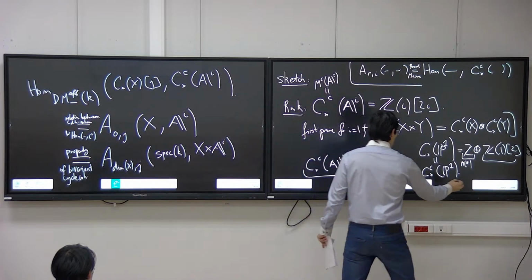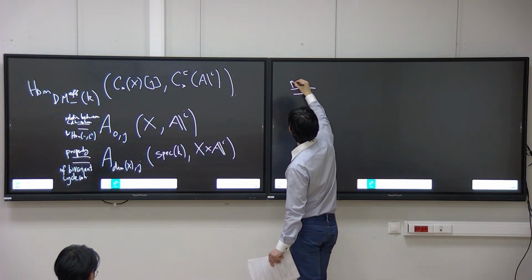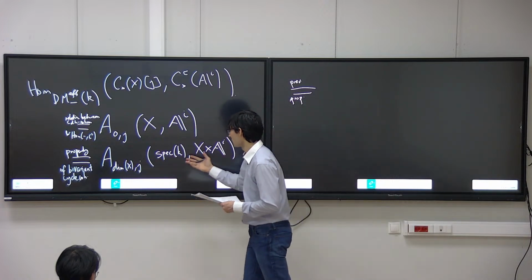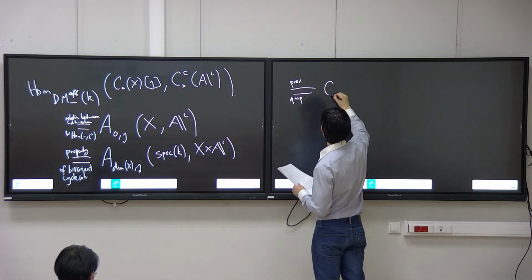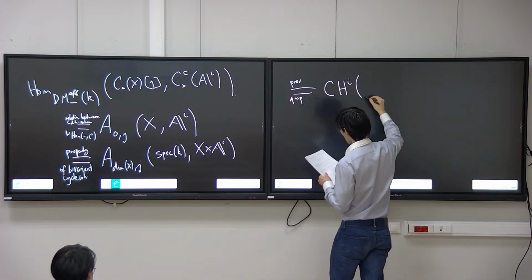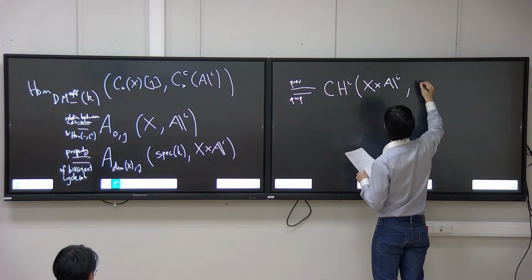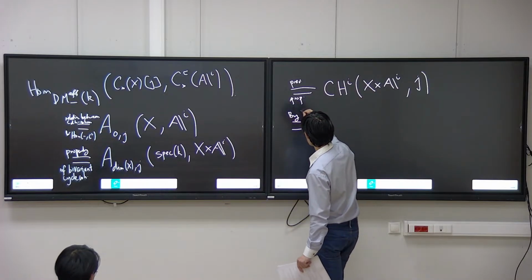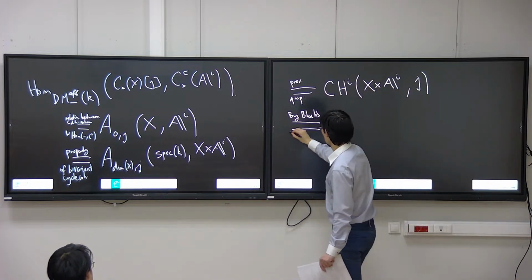And then by the previous proposition, where we related Bloch's higher Chow groups to Borel-Moore motivic cohomology, this is the same as Bloch's higher Chow groups, X in A of I, J, by Bloch's results. So now we are strictly in the world of higher Chow groups.